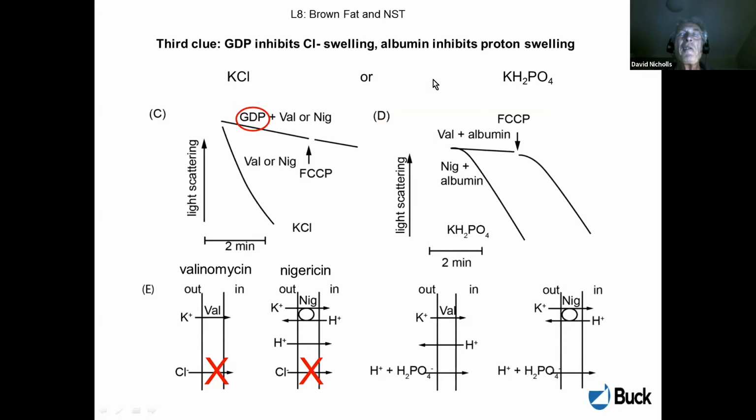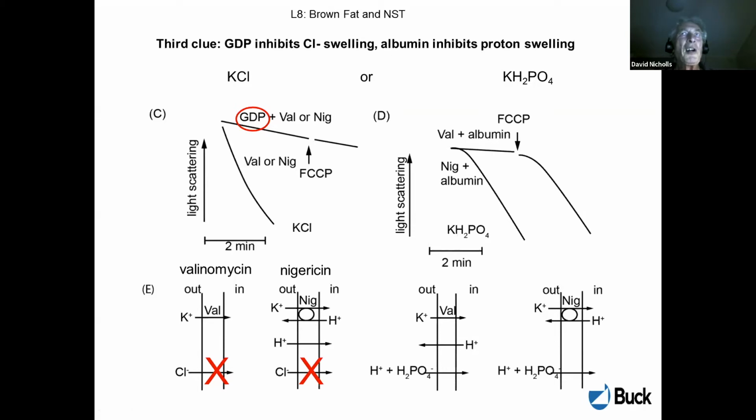We could do experiments with potassium phosphate, and again the ion shows swelling with potassium phosphate. Then we could add albumin to remove the fatty acids. What we found didn't actually fit with what we thought, because albumin blocked the swelling, which was reintroduced by FCCP, but we knew that albumin did not induce respiratory control.